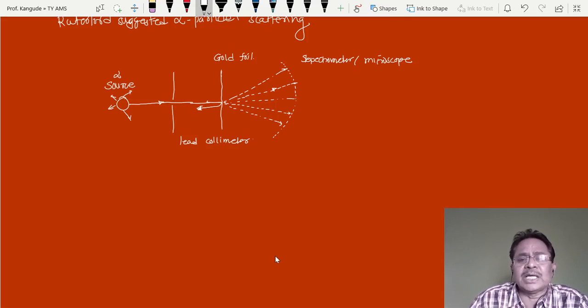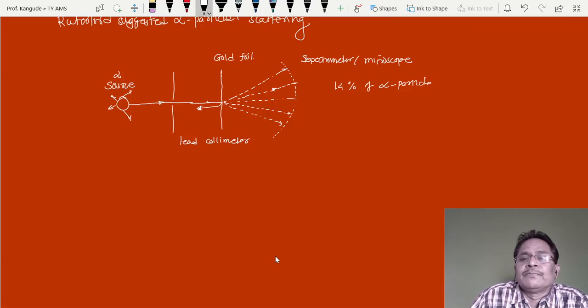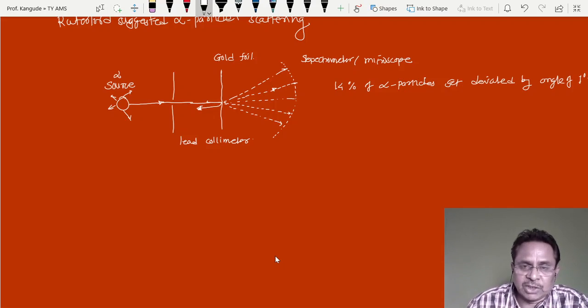Some, I'm not saying all, almost. In this entire experimental setup it has been observed that 14% of the alpha particles get deviated by an angle of around 1 degree. I have shown this picture very large; actually this much deviation is not observed.